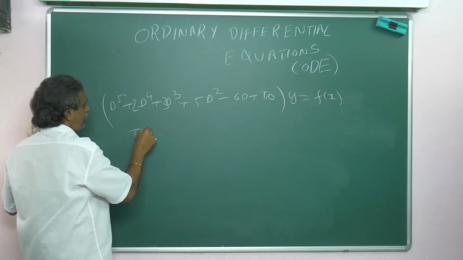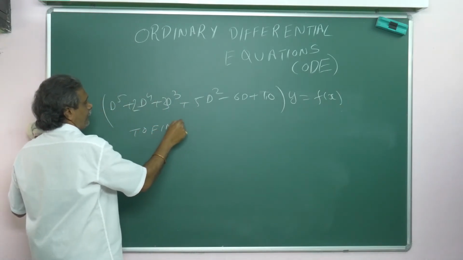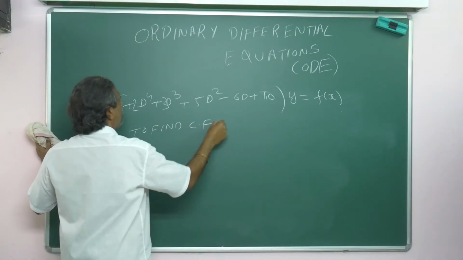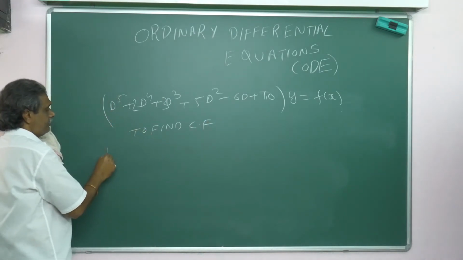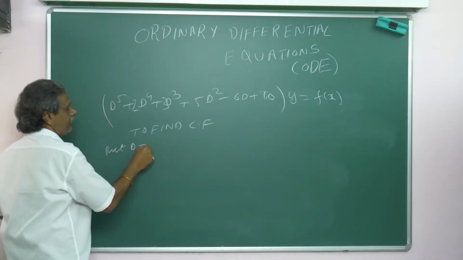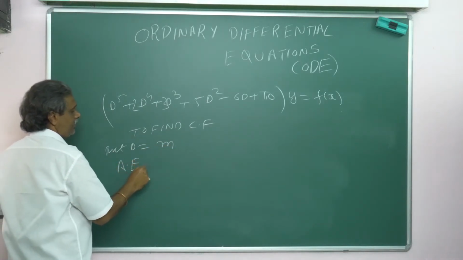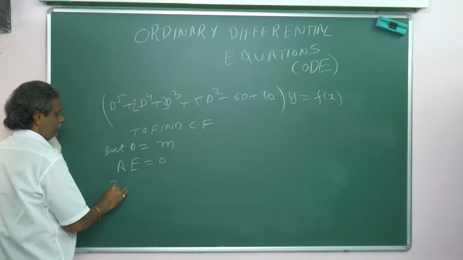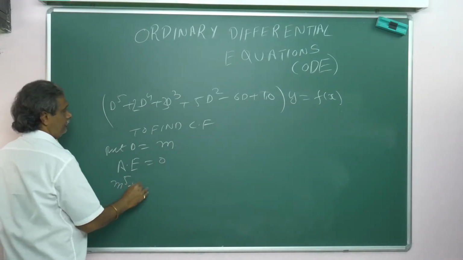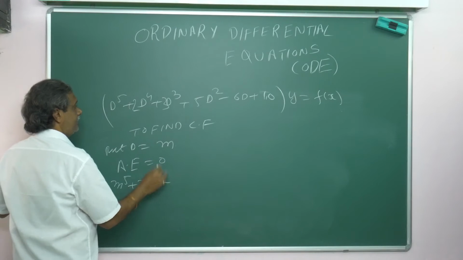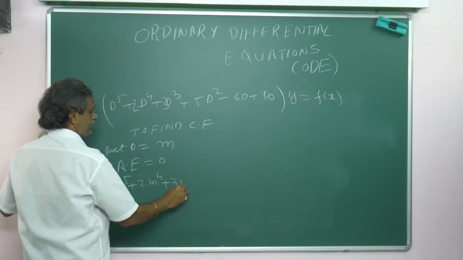To find CF, always put D is equal to m. You will get the auxiliary equation equal to 0. Then you will get m to the power 5 plus 2 m to the power 4 and so on, minus 6m plus 10 is equal to 0. This is for example, don't worry about this equation.